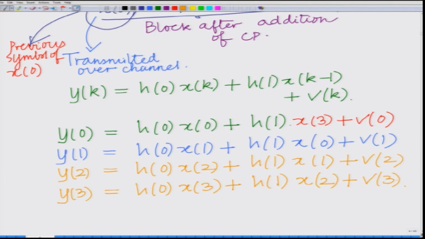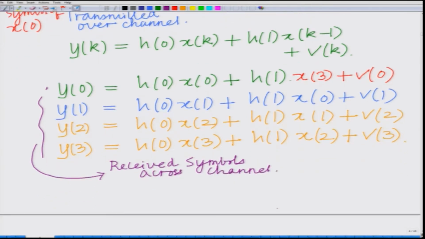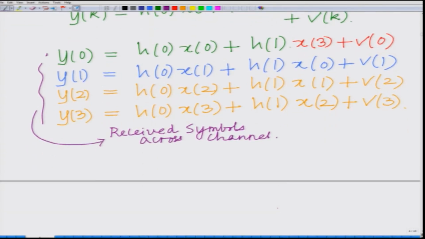This now gives us the received symbols across the channel. So we have the small y0, small y1, small y2, small y3, which are the received symbols.